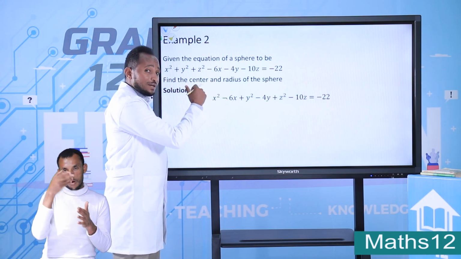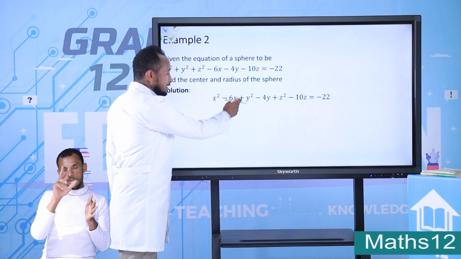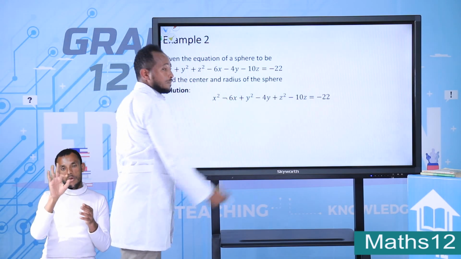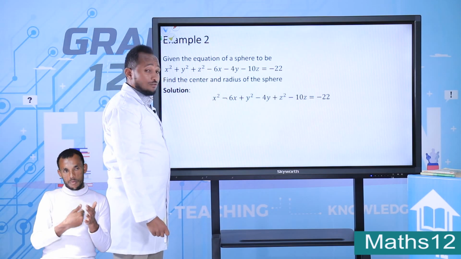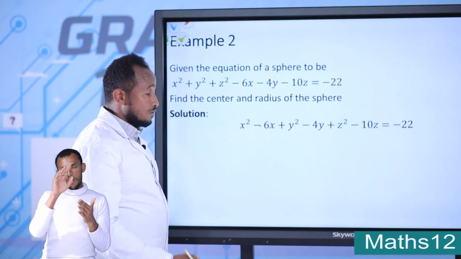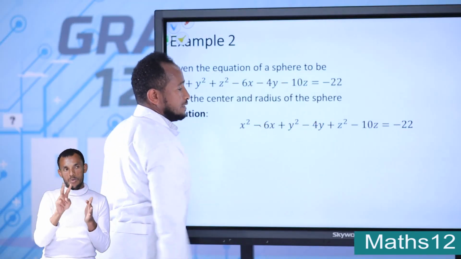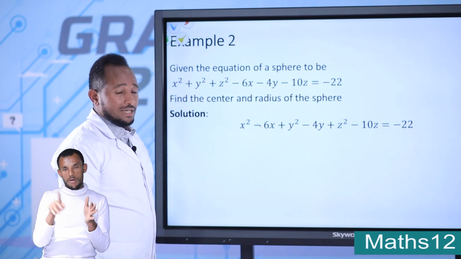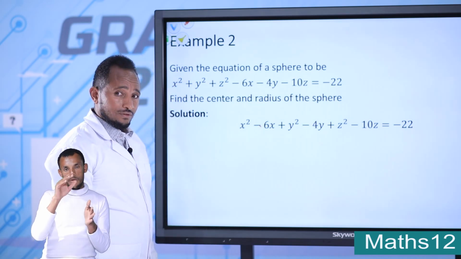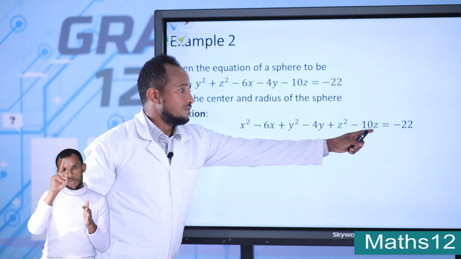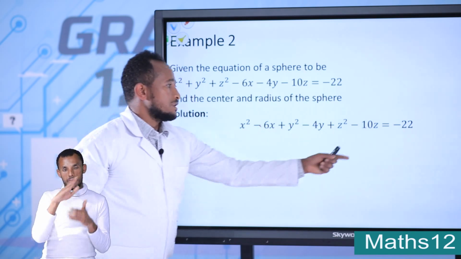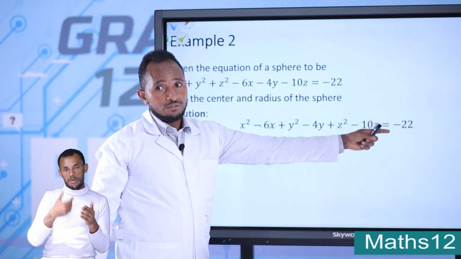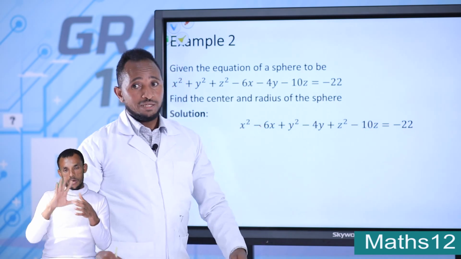Half of minus 6 is minus 3. You square it, 9, and add 9 here. The middle term here is minus 4, so half of minus 4 is minus 2. 2 squared is 4, so you add 4 here. Then minus 10: half of it is minus 5. You square it, 25, and add 25. All things added here must be added on the other side to keep the equation balanced or unchanged.